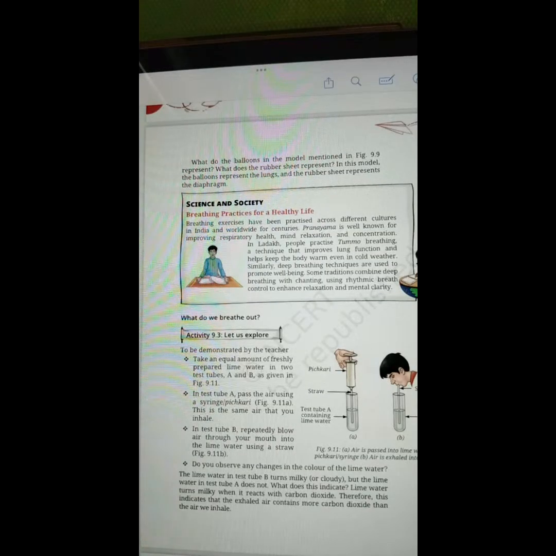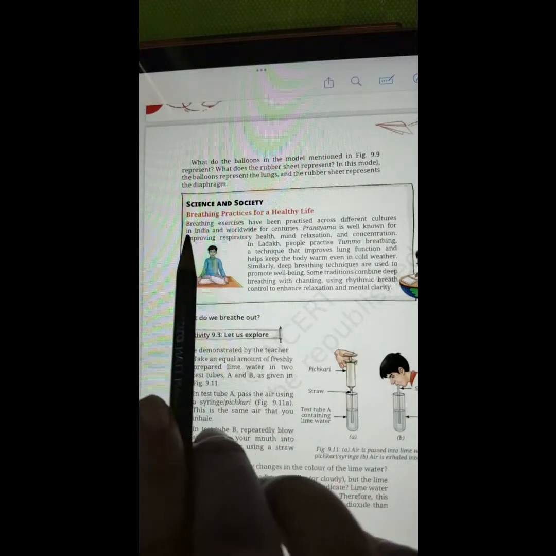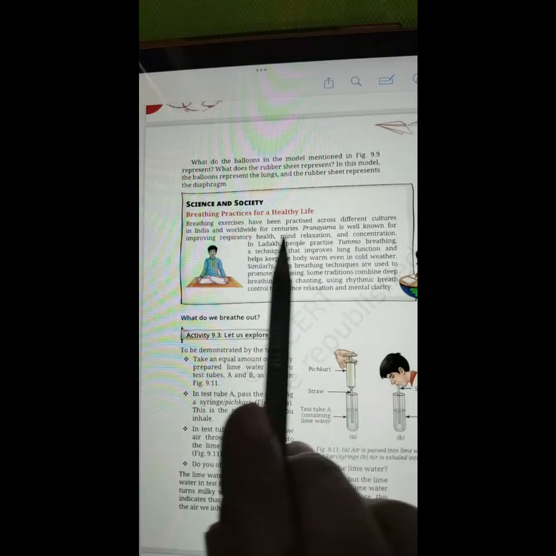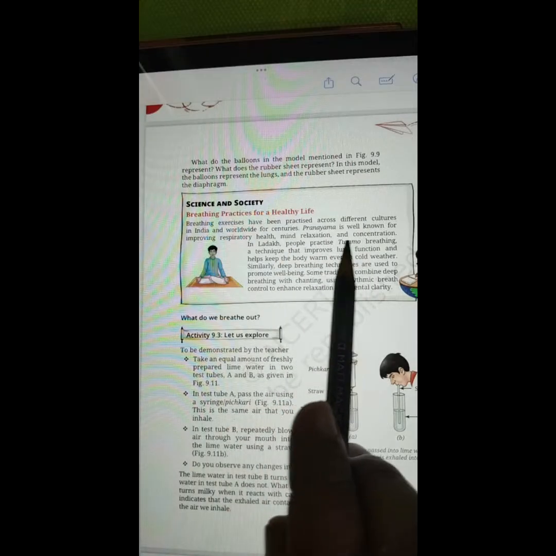Science and society: breathing practices for a healthy life. Breathing exercises have been practiced across different cultures in India and worldwide for centuries. Pranayam is well known for improving respiratory health, mind relaxation, and concentration.